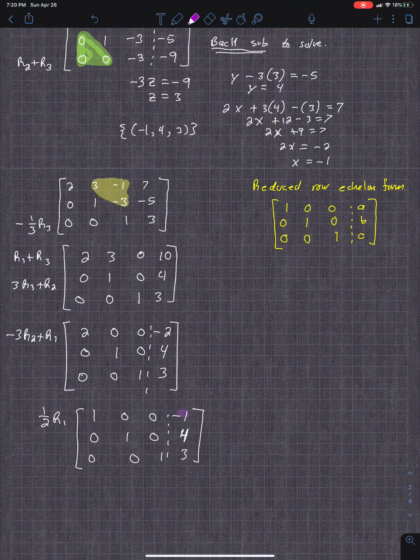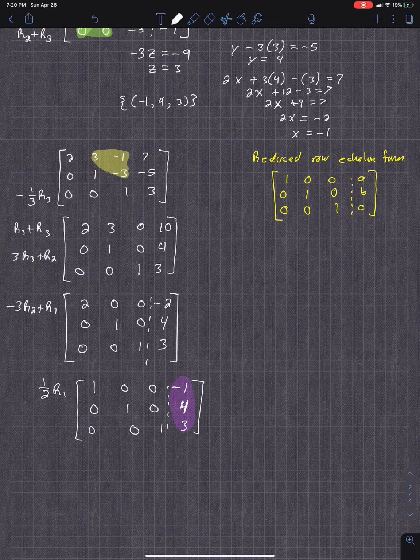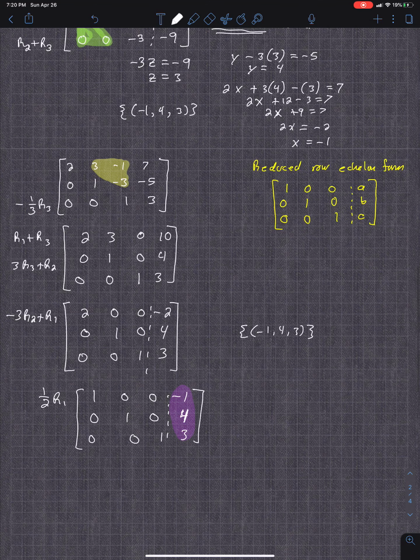So right here is your solution if you continue like that. All right. So you rewrite your solution, -1, 4, 3. So this is called reduced row echelon form. This technique is called Gauss-Jordan elimination. That's the title. And we do this until we get reduced row echelon form.